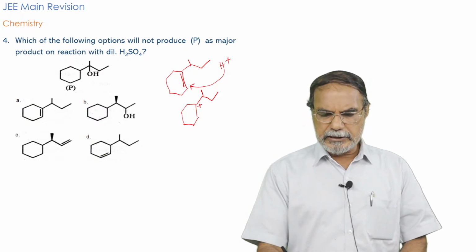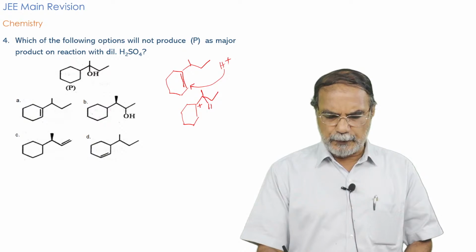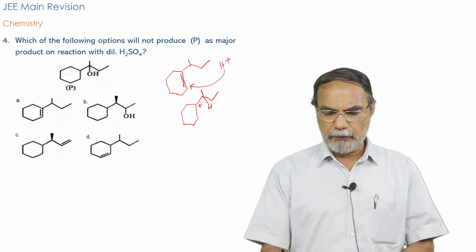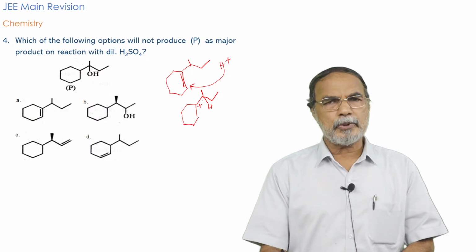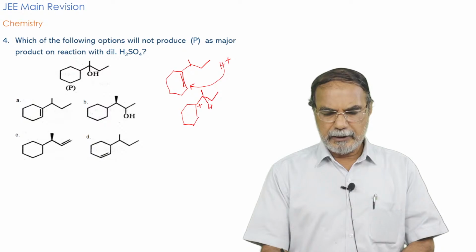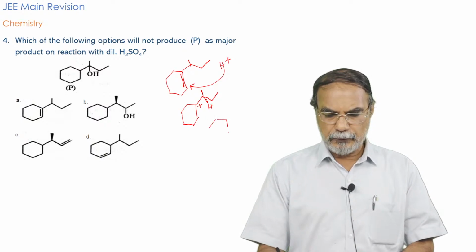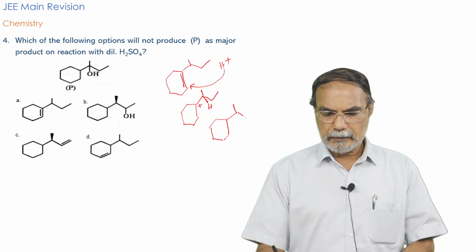So in this case, this is the carbocation, and remember that there is a hydrogen atom at this point, and this hydrogen atom can be shifted to this position by a 1,2 hydride shift. 1,2 means from the adjacent position. A 1,2 hydride shift means the hydrogen is shifted to this point along with the bonding electrons, and therefore what you get is this product.